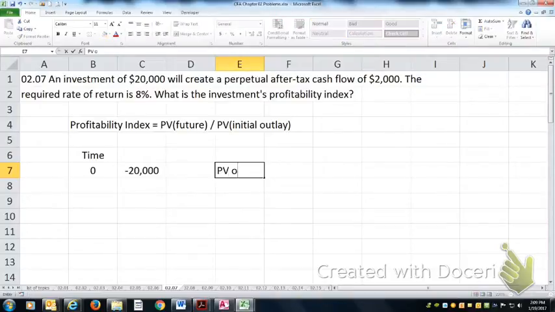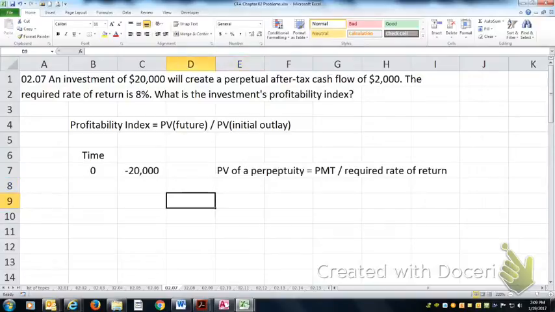The present value of a perpetuity is equal to the payment per year divided by the required rate of return. Now, the valuation of a perpetuity is based on this.